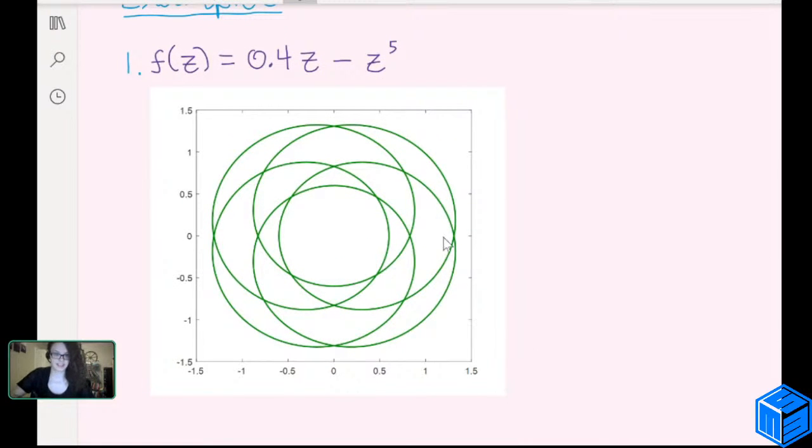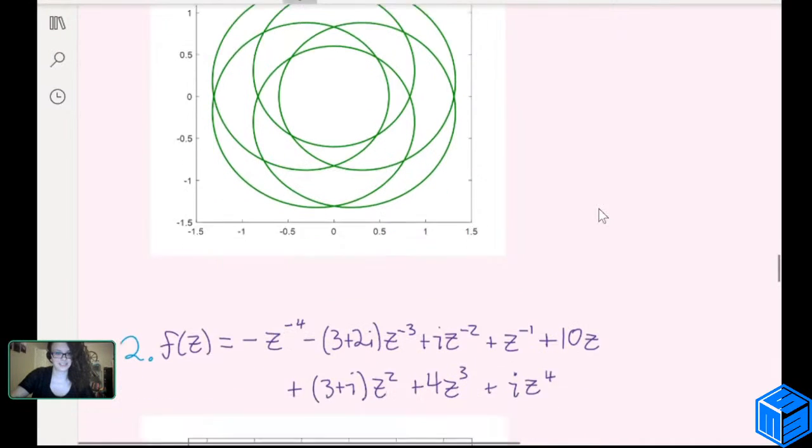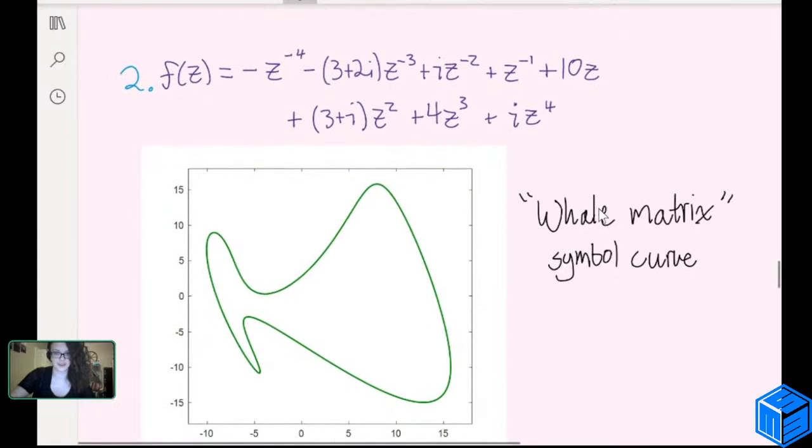So I think this curve is very cute. I like it a lot. I found it all by myself. Wasn't that difficult, but here is another example that I got from a book. It is called the Whale Matrix Symbol Curve. So it's this symbol here with all these terms.